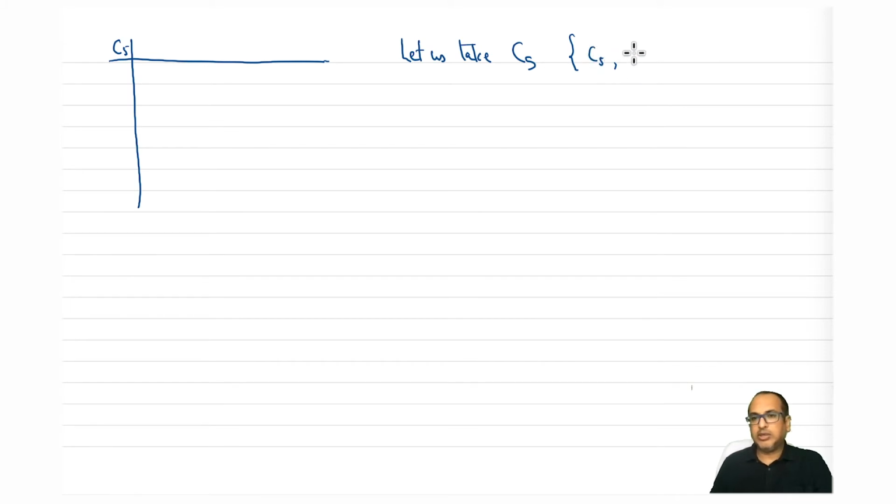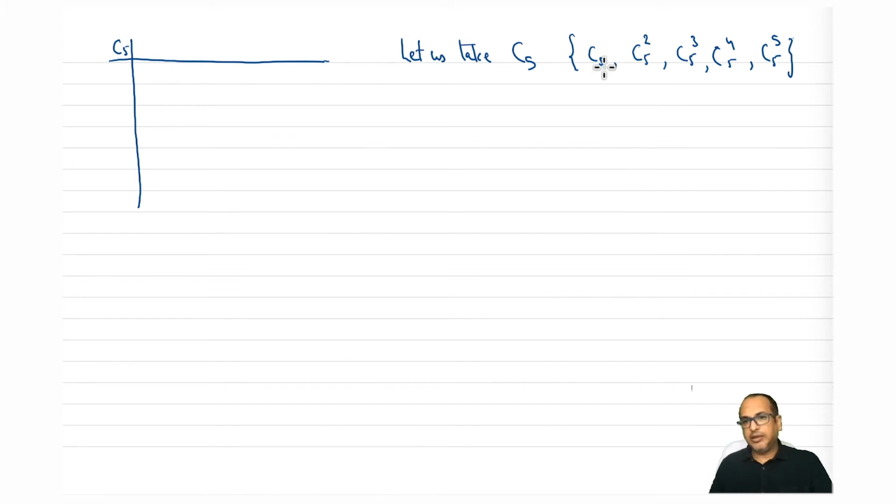Because this is a rotation element, you can use this to generate other symmetry operations by raising powers, right? So C5, C5 square, C5 cube, C5 4, C5 5, which will be equal to E. That will naturally come out. We'll see that.